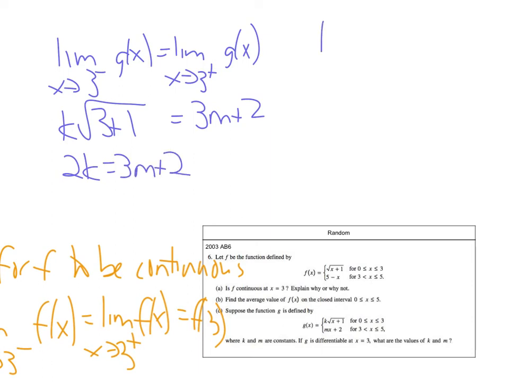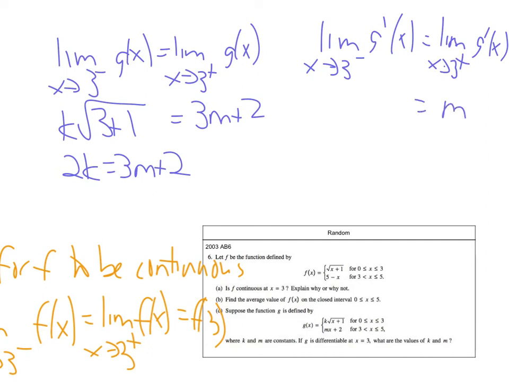We also need the limit as x goes to 3 from the left of g prime to equal the limit as x goes to 3 of g prime, left and right. So g prime on the right is just m. On the left, that's k times x plus 1 to the 1/2.